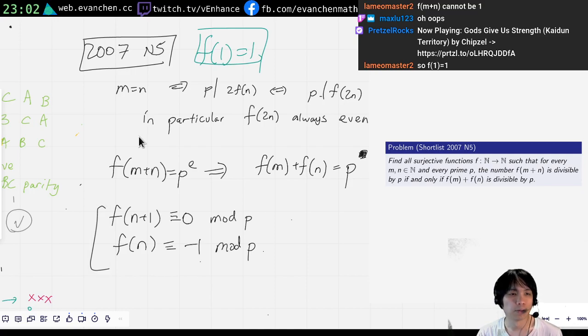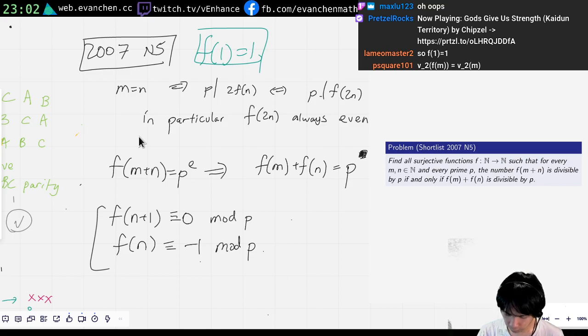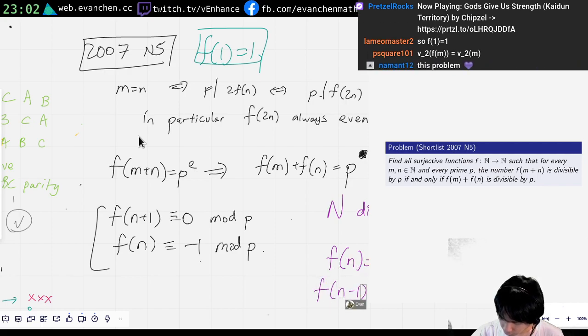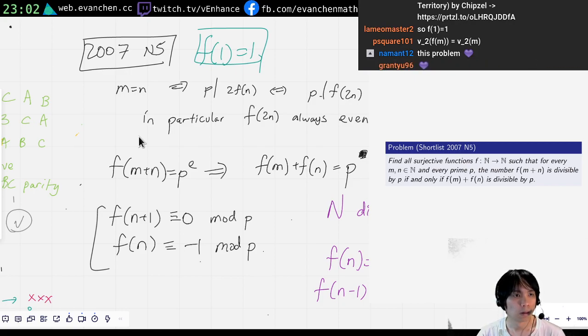Oh, you know one of the things. So already, if I pick a value of n such that n is divisible by many primes, and f(n) is equal to this N, then f(n) minus 1 is minus 1 mod big N. Fine. v2 of f(m) equals v2 of m.